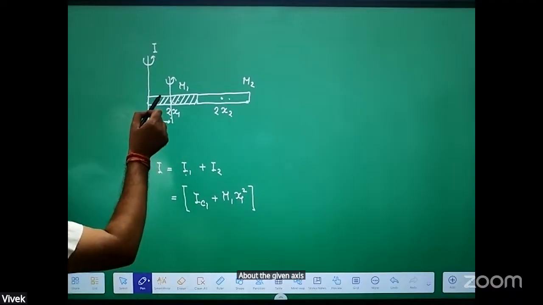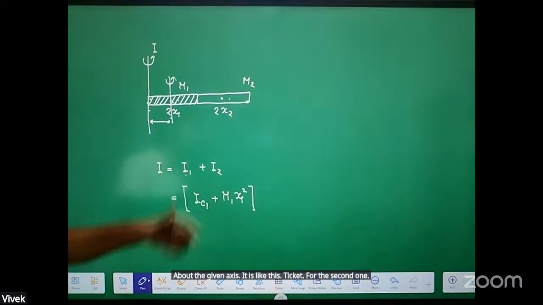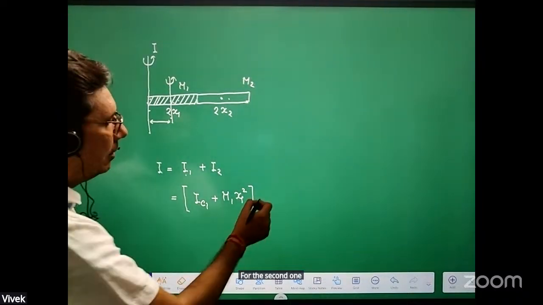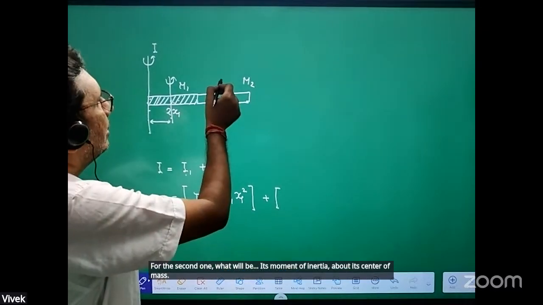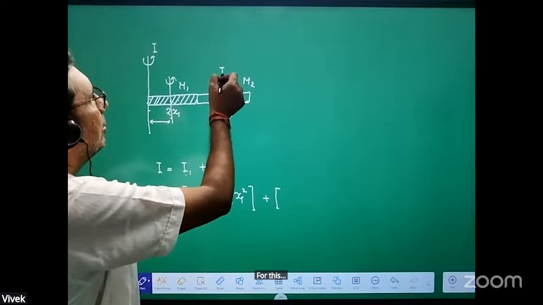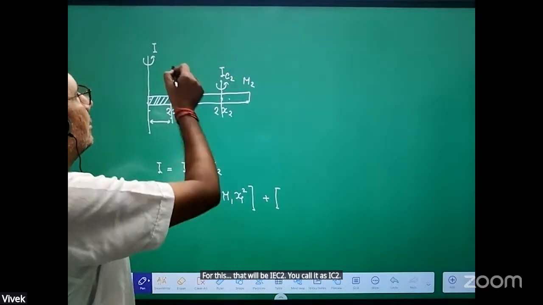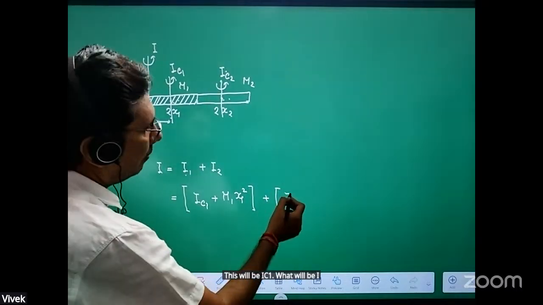It is like this. Okay? For the second one, what will be its moment of inertia about its center of mass? That will be IC2. I will calculate it.